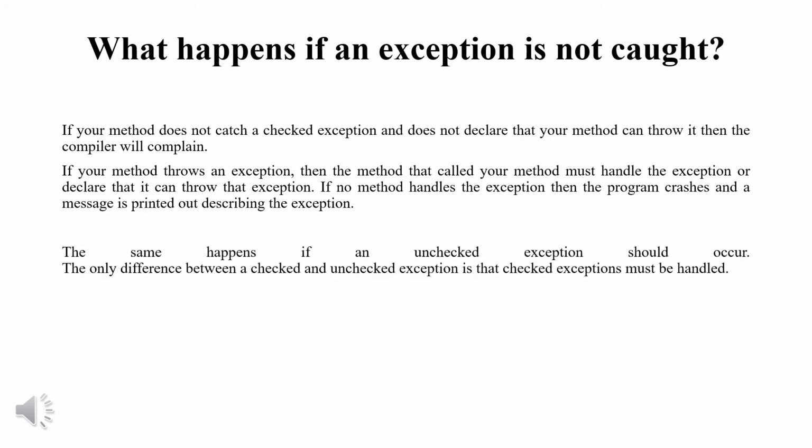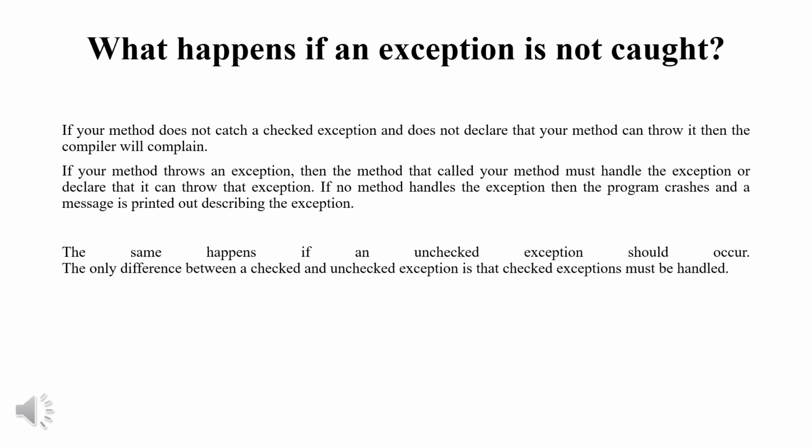So let's see what exactly happens when an exception is not caught. If you have a method and that method doesn't catch a checked exception, then the compiler will complain, right? The compiler will show a message about that.